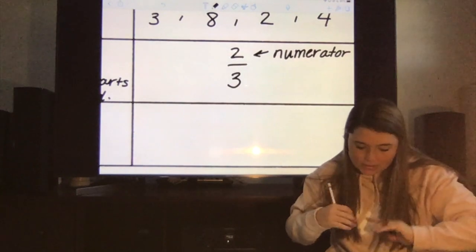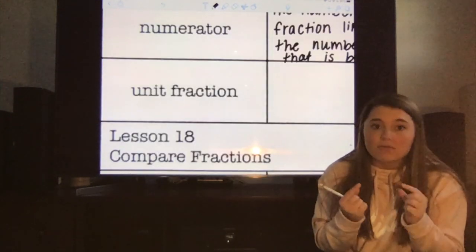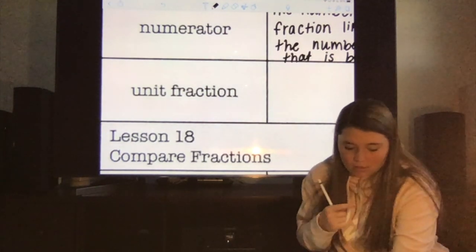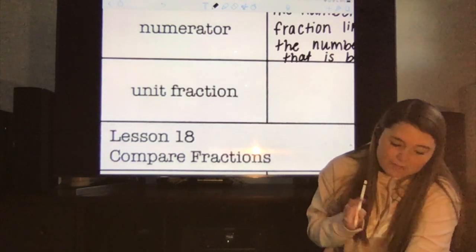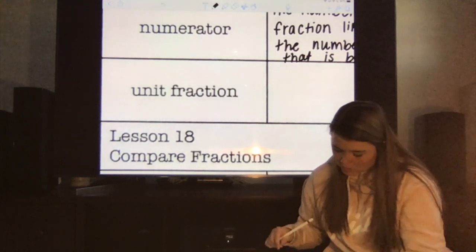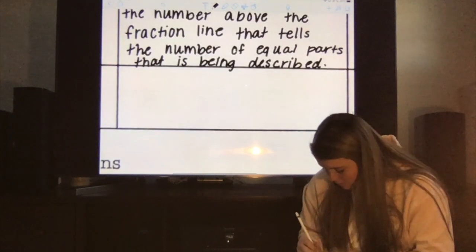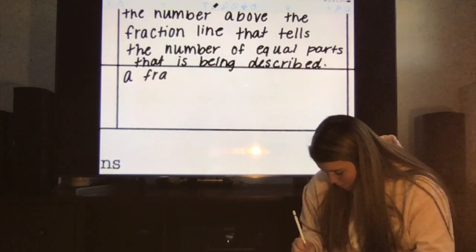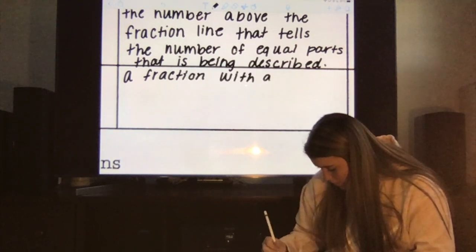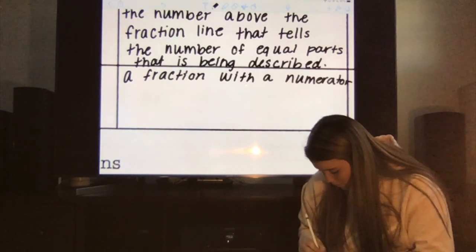All right, the last one that we are going to be talking about is a unit fraction. The unit fraction is a fraction with a numerator of 1. Other fractions are built from unit fractions. So, it's a fraction with a numerator of 1.